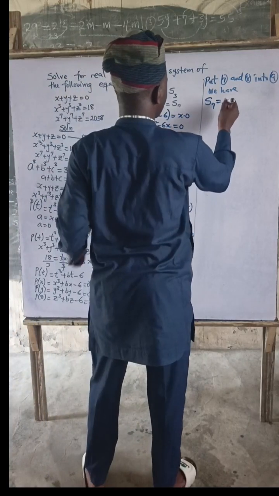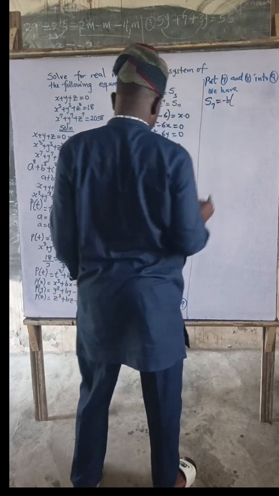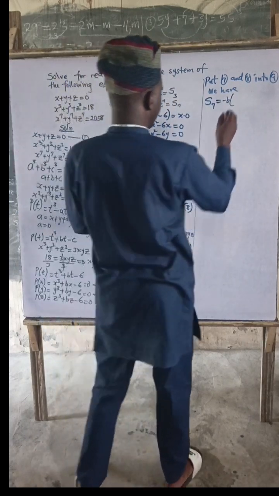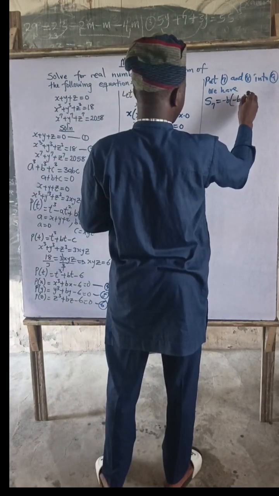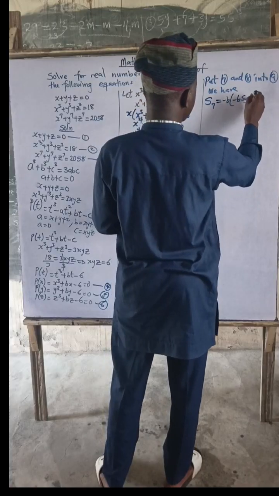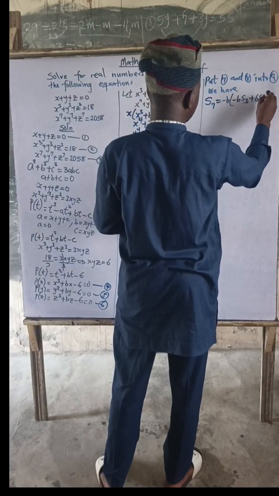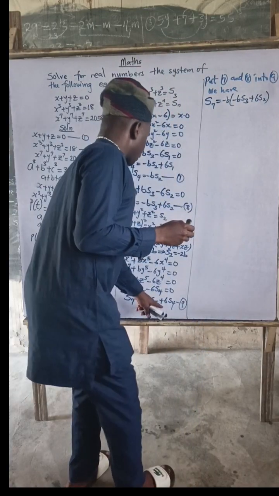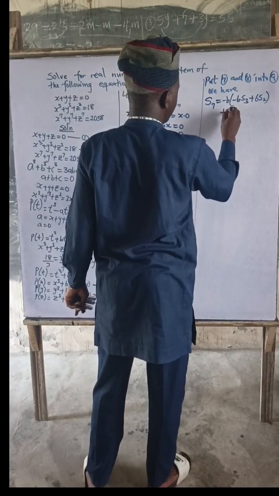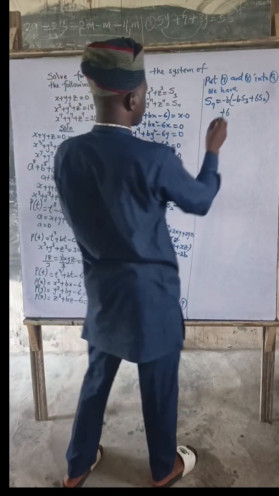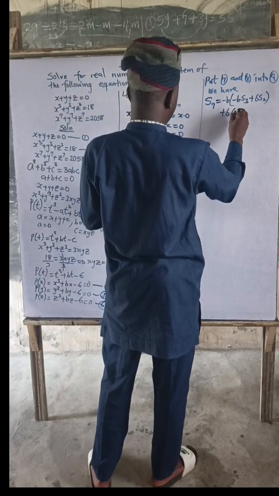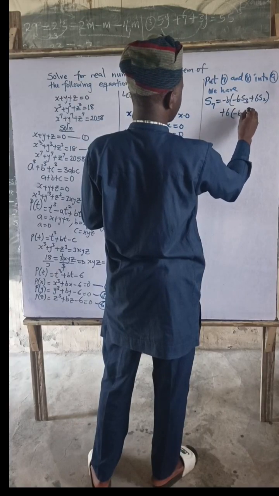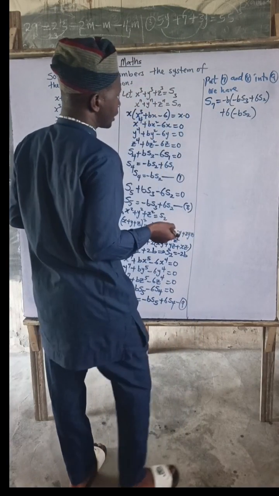So therefore we have minus b open bracket. So we are going to substitute this value there, minus b s3, then plus 6 s2, then plus 6 s4, and s4 equals minus b s2. So we are going to open bracket and simplify.